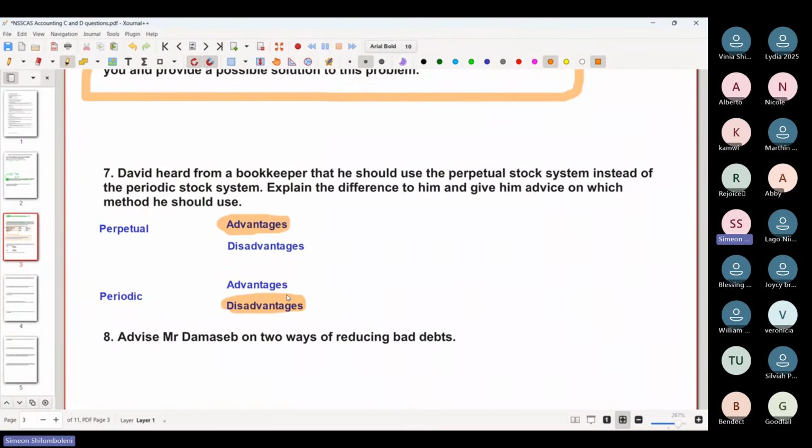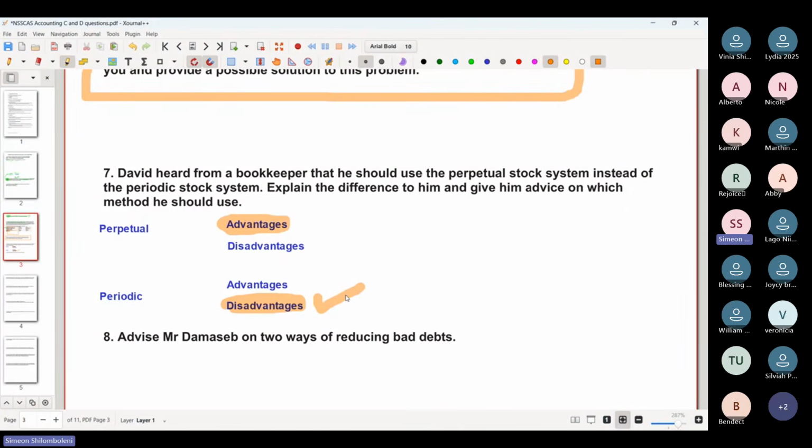Your friend wants to go to the show. You will tell the person, don't go to the show because you might struggle with the taxi. Don't go to the show because you might lose your phone. Don't go to the show because it's expensive. You are only looking at the disadvantages of the show. And then you say, rather stay home so that you can study.